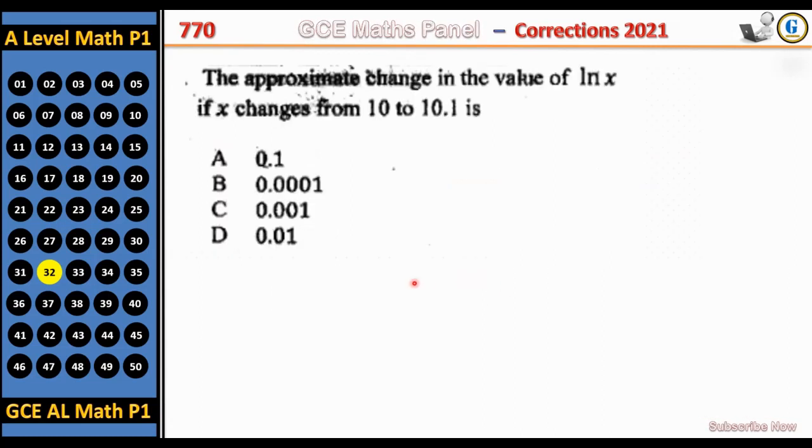Then question 32, the approximate change in the value of ln x if x changes from 10 to 10.1 is. Here you just have to look for this change, and this change is estimated as ln 10.1 minus ln 10. Just punch it in a calculator, it gives the answer directly, no stress.